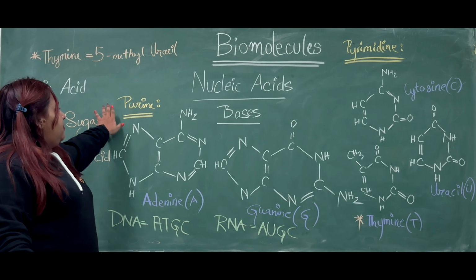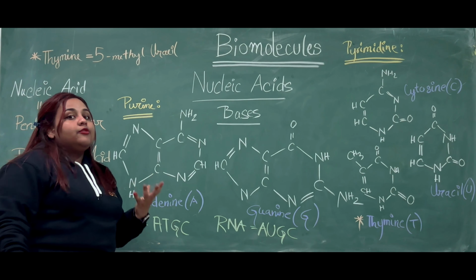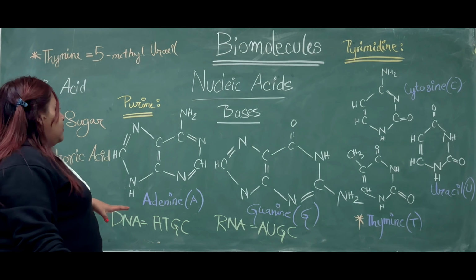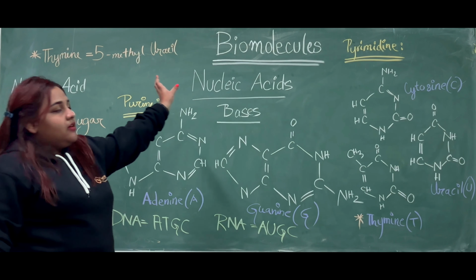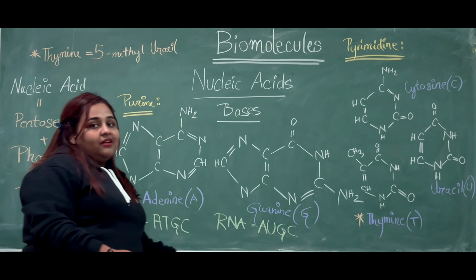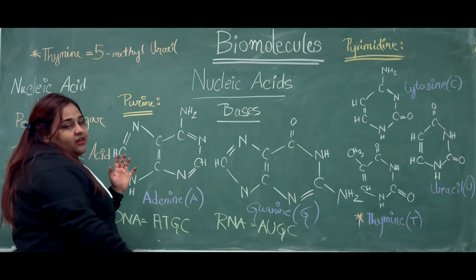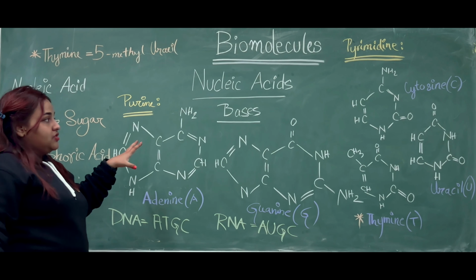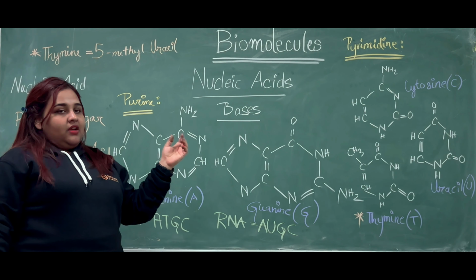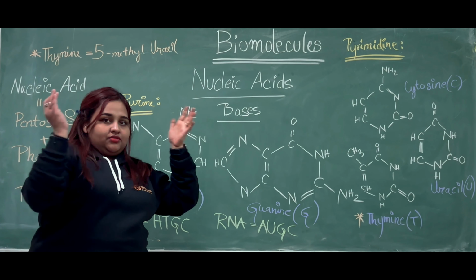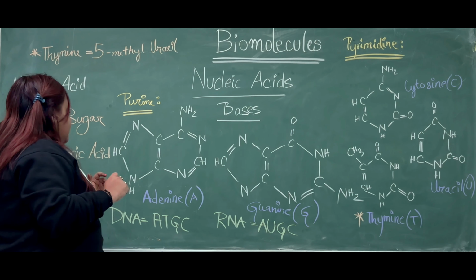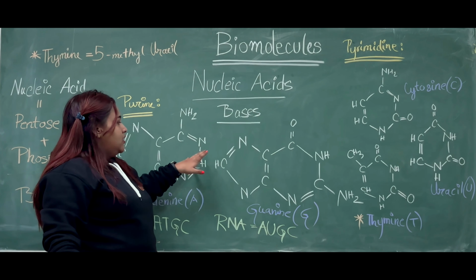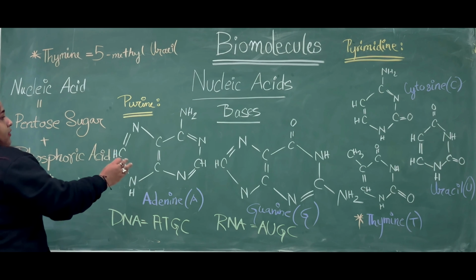Just to remember which one lies inside which group: the name purine is small compared to pyrimidine, but the structure of purine is bigger. So remember it like that. For purine, the structure is bigger but the name is small. And for pyrimidine, the name is big but the structure is small. Now, for differentiation between these two groups, what do we need to do?